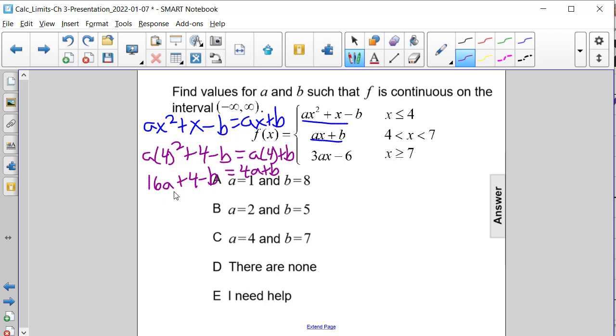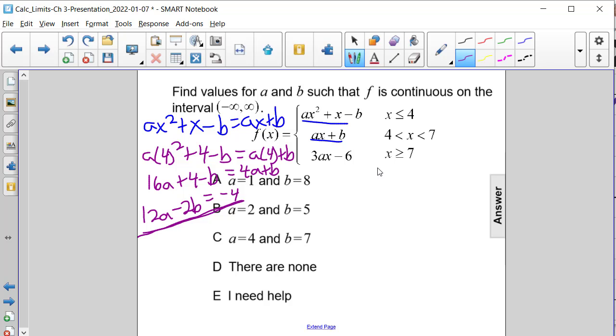Well, actually, we can simplify it further. We can move the a's and b's to one side and move the constant to the other side. So when we do that, we'll subtract 4a and we'll have 12a. When we subtract another b over here, it'll be minus 2b. And then if I subtract 4 to the other side, it will be equal to negative 4. So this is one equation that we have in a simplified form.